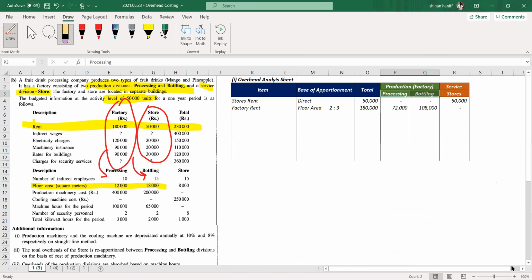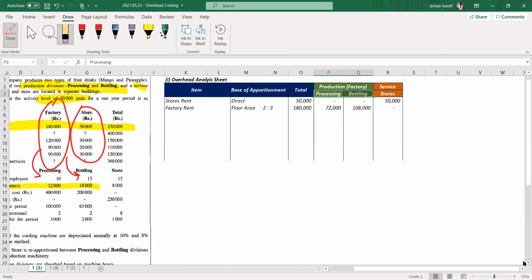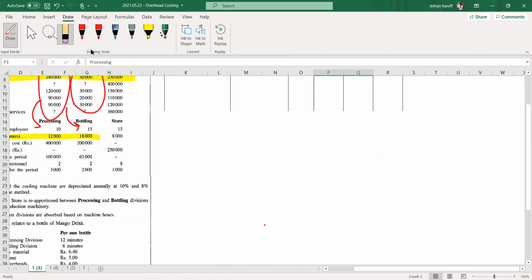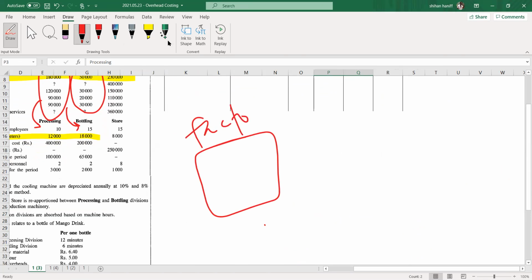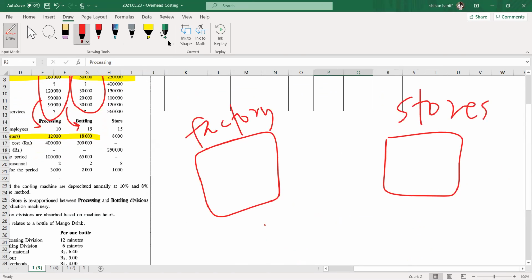Right, let me explain again. Let's assume this is our factory, and this is the stores. Let's say the factory is in Colombo and the stores in Kandy.